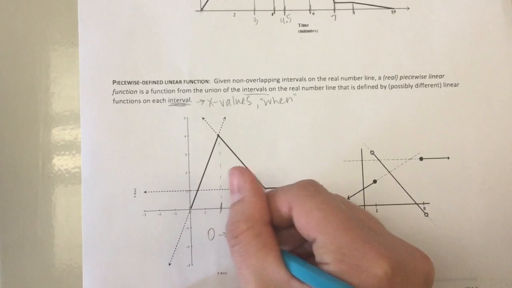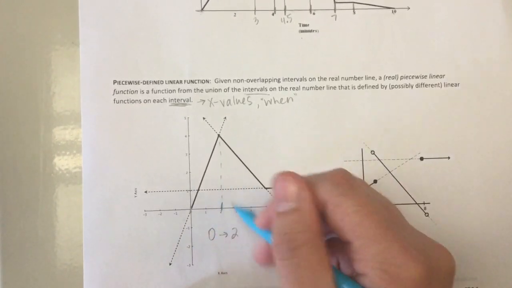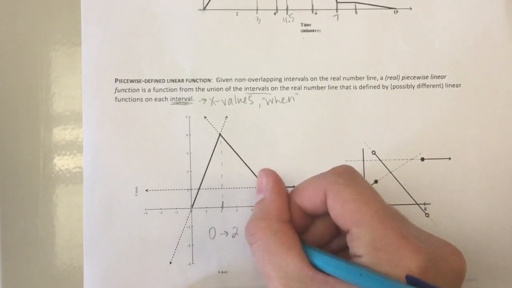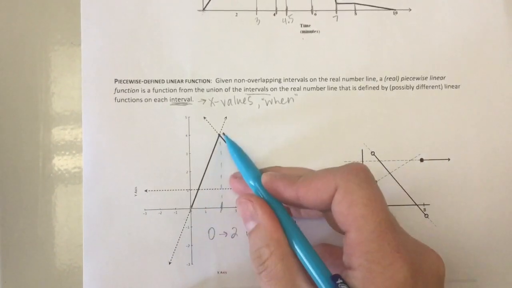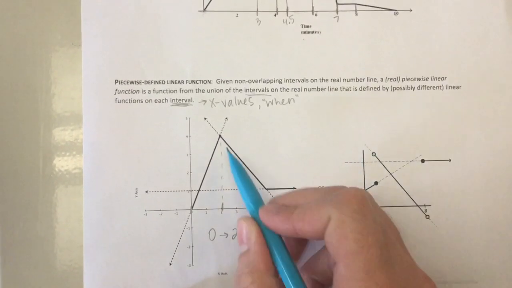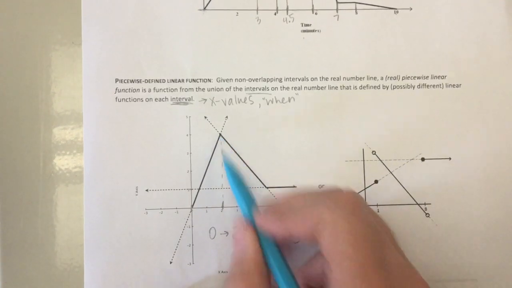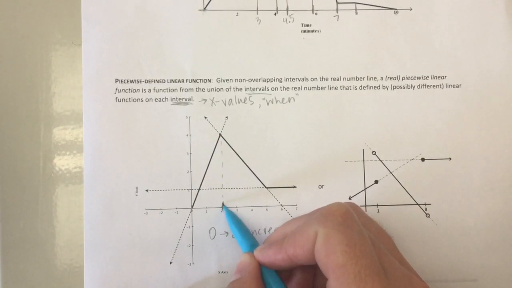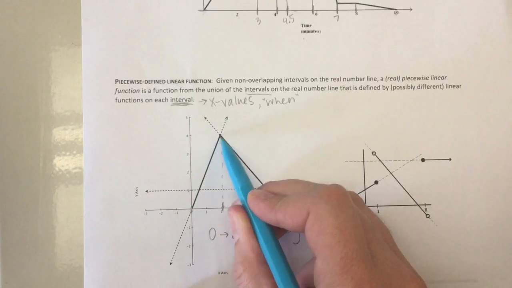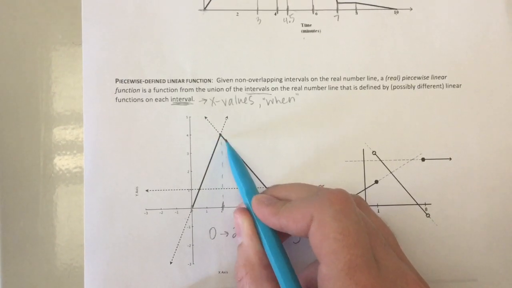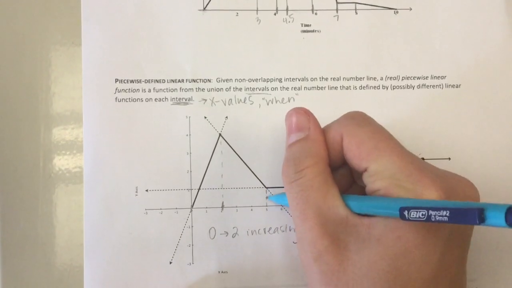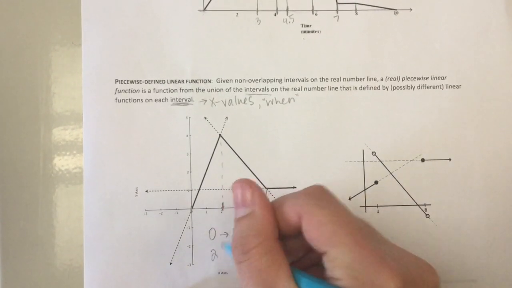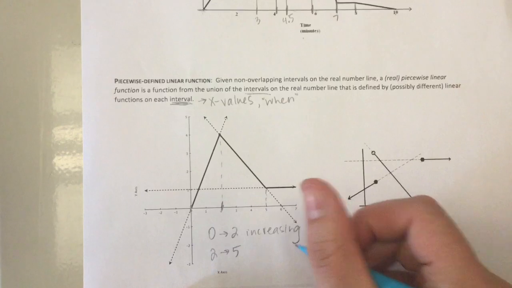So from 0 to 2, I'm increasing. That's my first interval. When am I decreasing? I start decreasing at 2, because I switched around really quickly. When do I stop decreasing? At about 5.